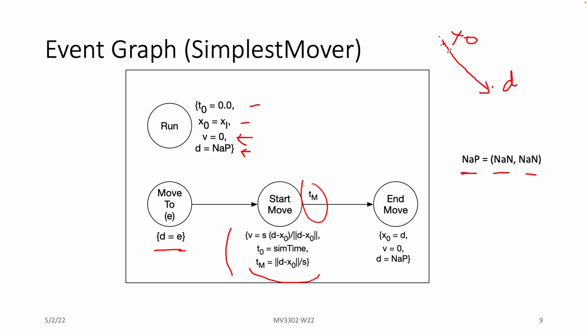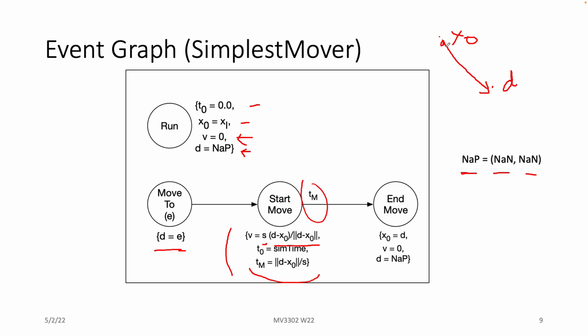So how do you turn a vector of an arbitrary length into a vector of a given length? Well, one approach is you first turn it into a unit vector and then multiply it by the magnitude that you want. To turn it into a unit vector, I divide by its norm, that is the norm of the difference between the two, and then I multiply by the speed.